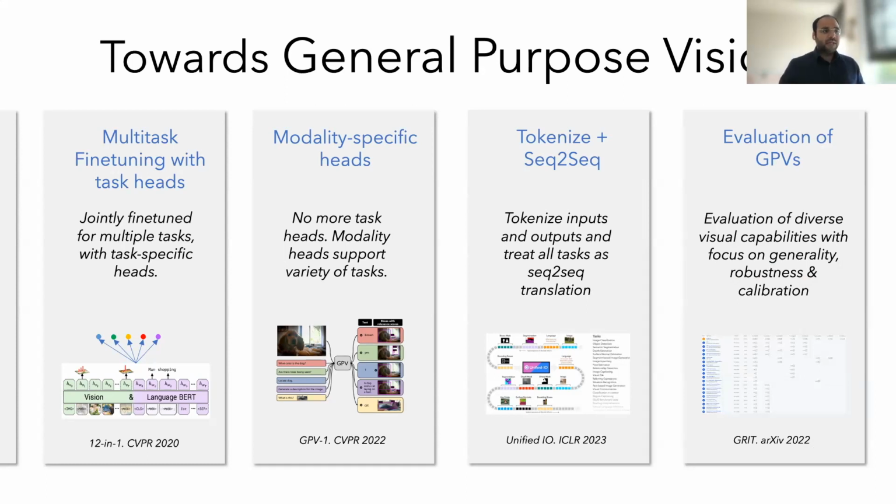So we created this GRIT benchmark for doing this. And one of the interesting properties of this benchmark is for every model that you submit, which is capable of performing these 7 different tasks that we have in the benchmark, you get up to 500 metrics that would inform you about your model. And these are metrics that have to do with generalization, robustness, and calibration.